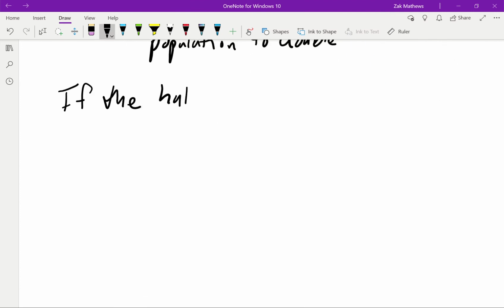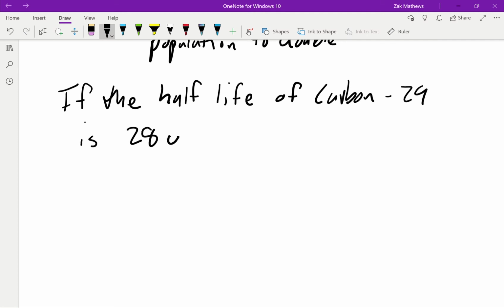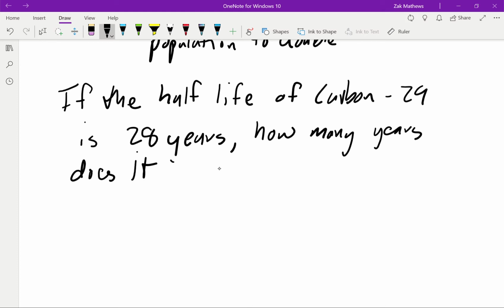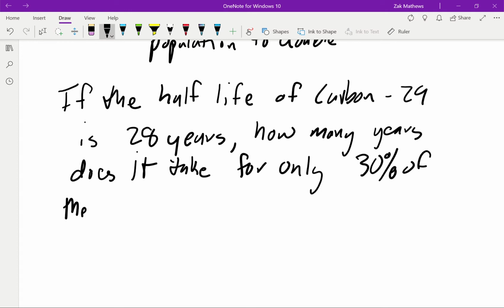If the half-life of carbon 29, just making up a random one so I can make up a random half-life, is 28 years, how many years does it take for only 30% of the initial carbon 29 to be present?